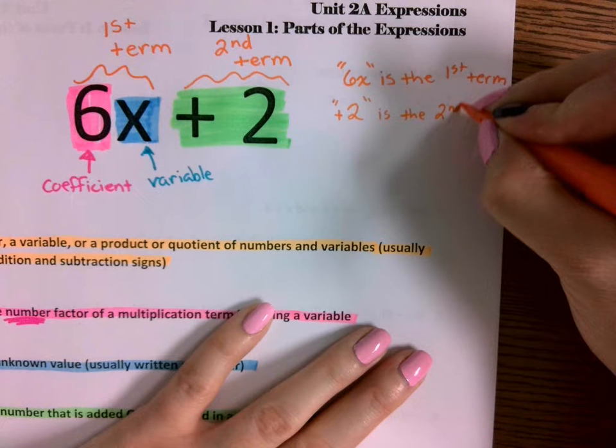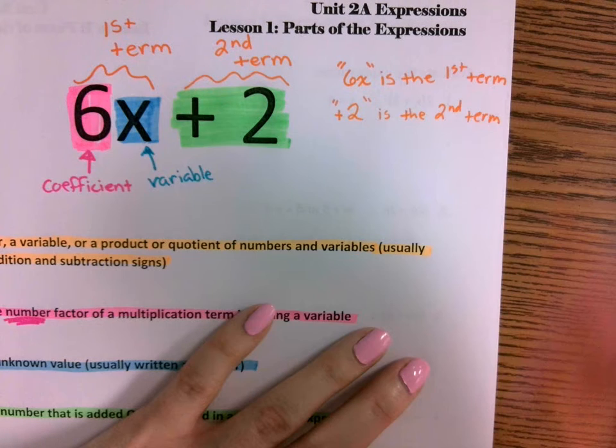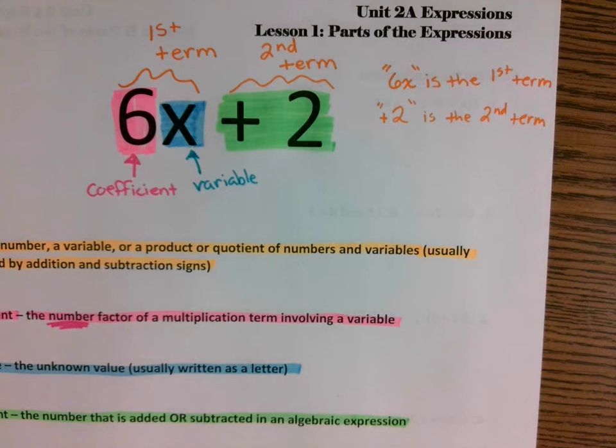Okay, writing those off to the side so that you know 6x is a term. Positive 2 is a term. They are separate terms from each other. It's important to know which terms are separated too, because when you do combining of like terms, which is what we'll start next week, you need to know which ones are your terms. Okay?